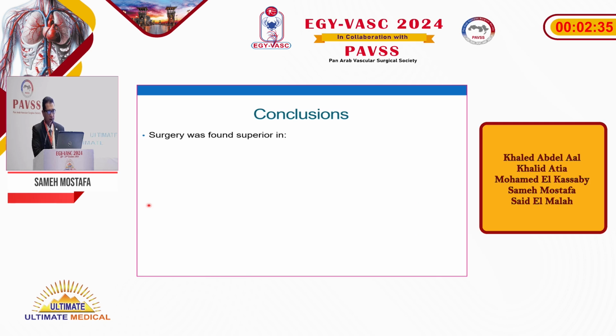The conclusion: surgery was found superior in patency. It gives more durable results and more foot perfusion, as the ABI increase in the surgery group was significantly higher than the increase in the PTA group.